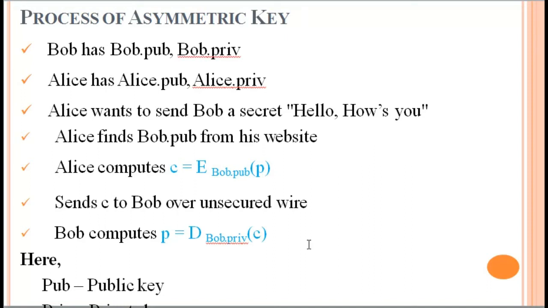If Alice wants to use her private key for the encryption, then Bob uses Alice's public key for the decryption, because the process works vice versa here.